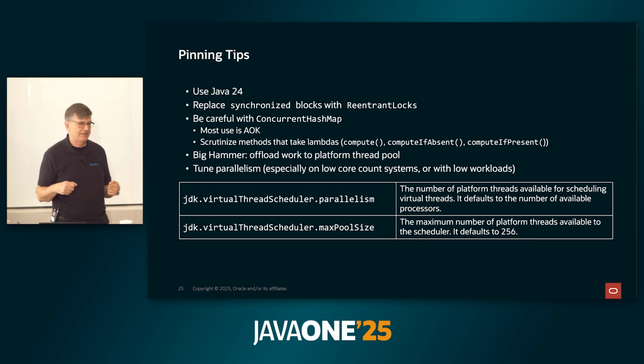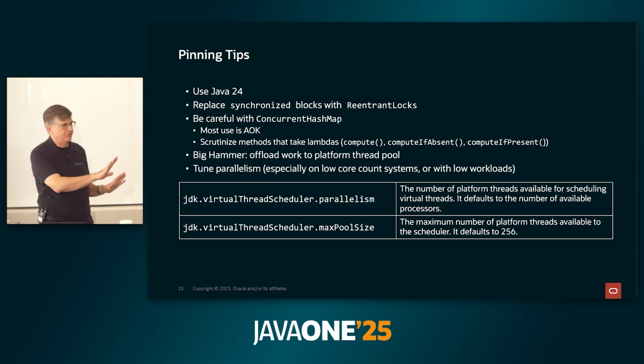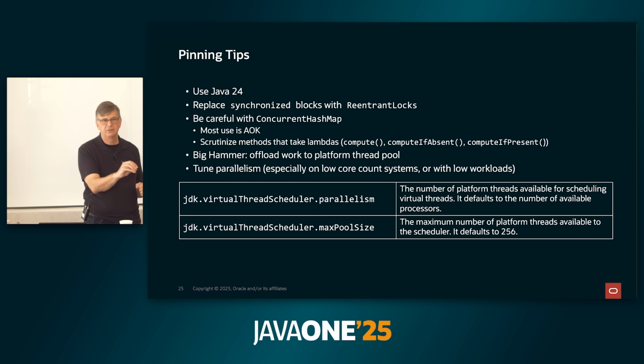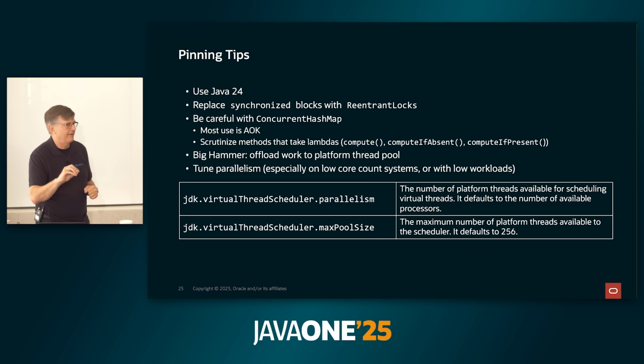Most operations in ConcurrentHashMap are fine, but it does use synchronized. So there are some methods that you can provide a lambda to, the methods that start with compute. And if your lambda does a blocking operation or something slow, that can cause pinning if you're not using Java 24, because it will be executed in a synchronized block.